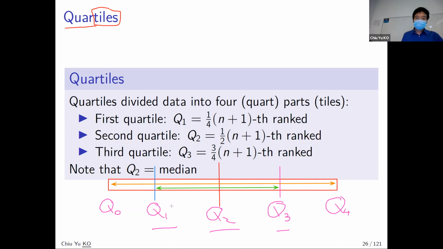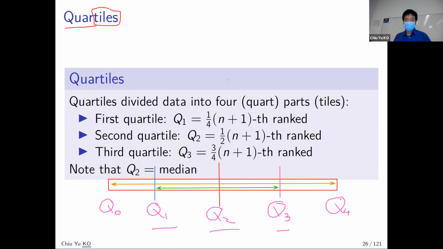The median is Q2, okay? The median of the first half is Q1. The median of the second half is Q3. Instead of the biggest minus the smallest, I want to look at the difference between Q1 and Q3, okay? The 75% to the 25%, okay?